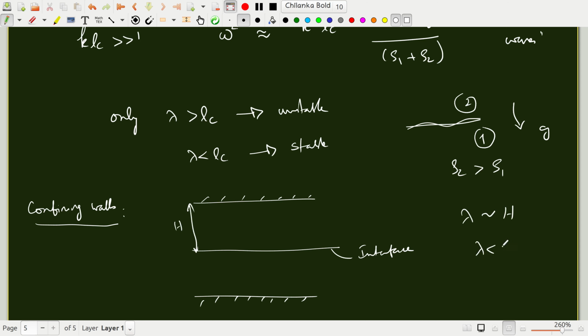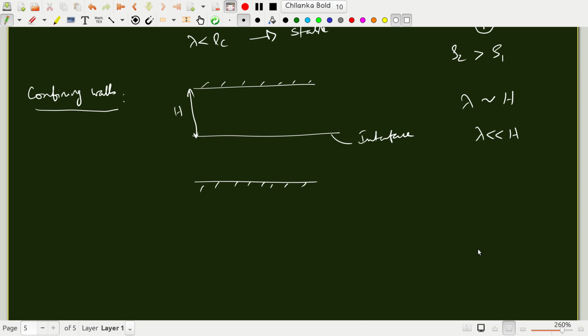For lambda much smaller than h, the effect of walls will not be felt. So only growth rates of very large wavelengths, or small wave numbers, will be affected by these confining walls.